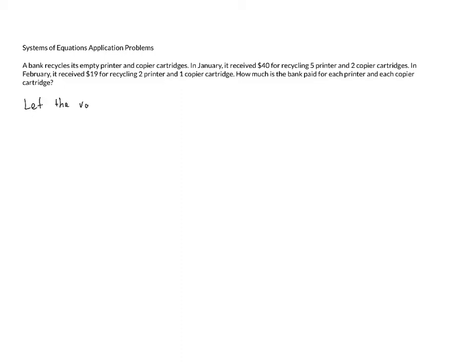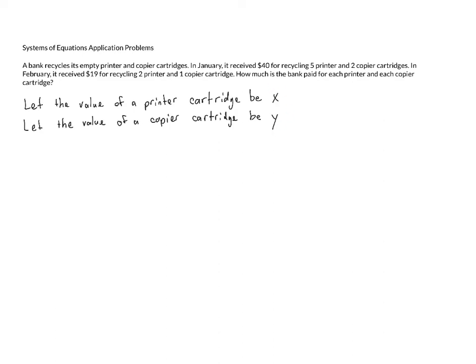Let the value, that's what they're asking us for, of a printer cartridge be x, and let the value of a copier cartridge be y. Now that we know how to solve systems of equations, we can have the let statements just be x and y. It doesn't matter which one is x and which one is y.